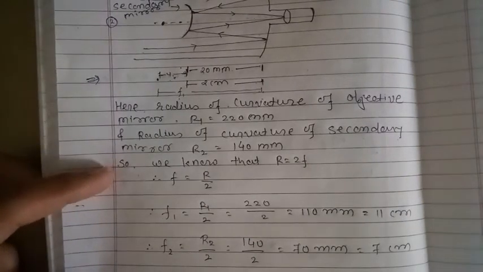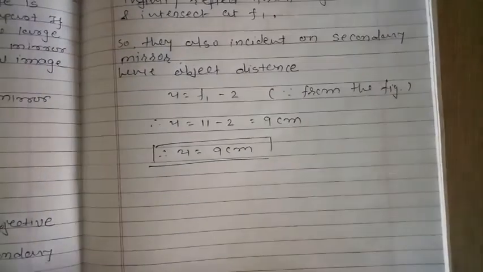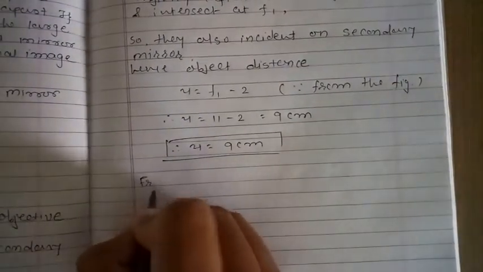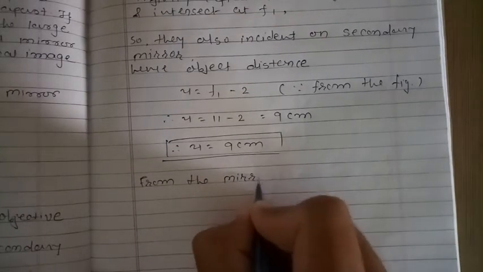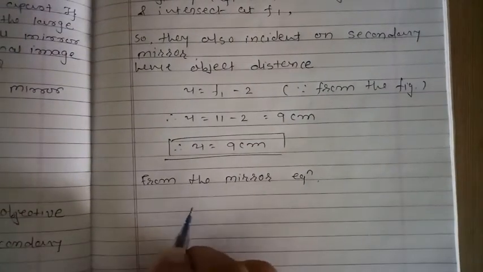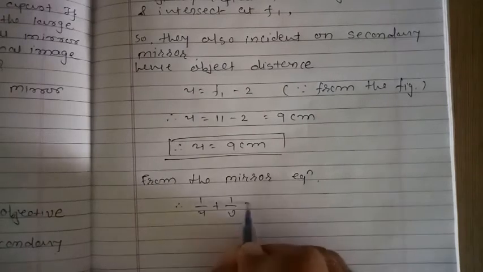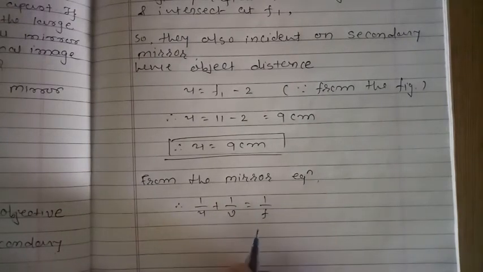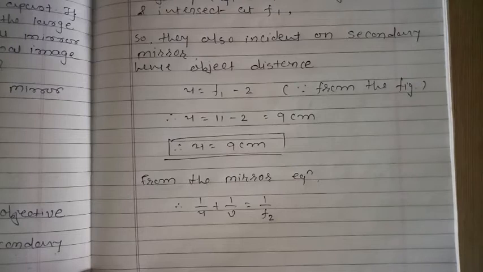So from the mirror equation, 1 by u plus 1 by v is equal to 1 by f, but here we use f2.